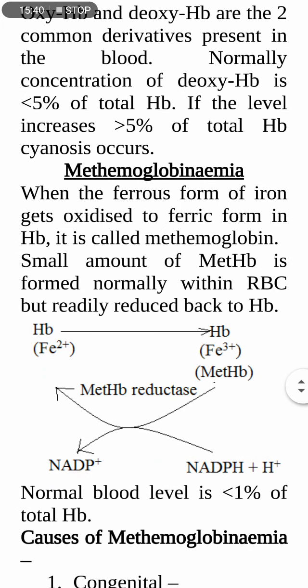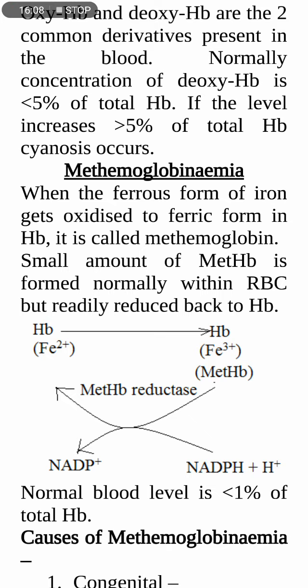Next, methemoglobinemia. When the ferrous form of iron gets oxidized to the ferric form, it's called methemoglobin. Normally, a small amount of methemoglobin can be produced within the RBC and is readily reduced back to hemoglobin by the methemoglobin reductase enzyme, which is NADH dependent.